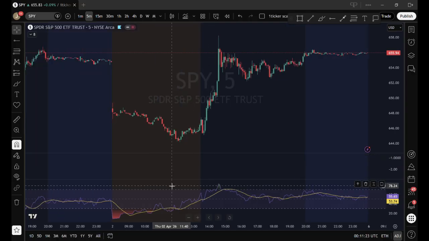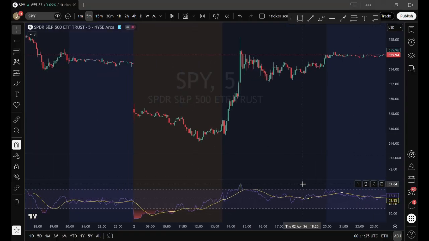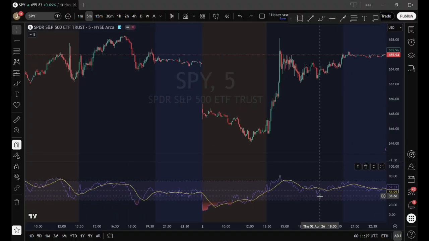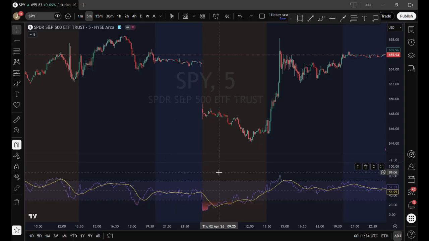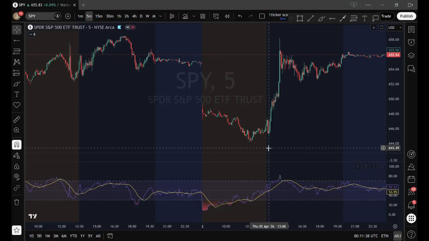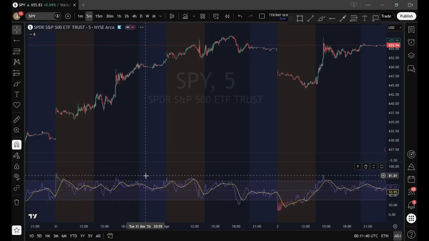But you can see oversold down here, overbought up here. We get too far down, we end up going up when we're oversold.